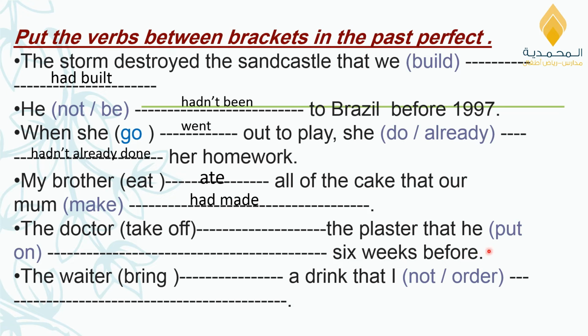Yes, he had put on 6 weeks before, and the doctor took off the plaster that he had put on 6 weeks before. The waiter, yes, think of it, a drink that I not order. So the waiter wrote a drink that I hadn't ordered.